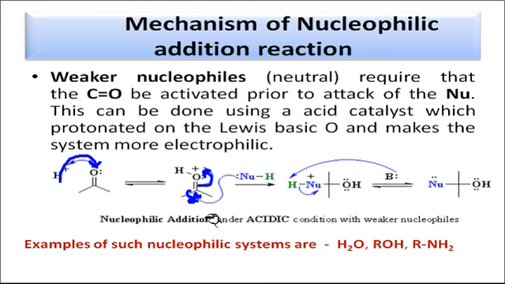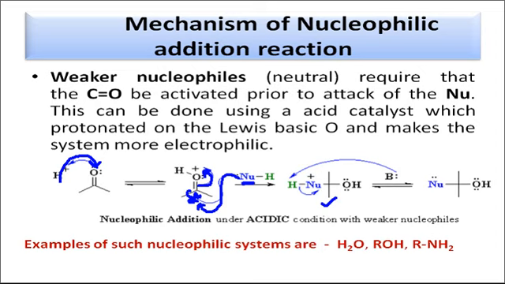Since this is now a strong electrophile, it can easily attract the nucleophile. Now this nucleophile attacks the carbon atom. So in the next step, there is the formation of the bond between the nucleophile and the electrophilic carbon atom.